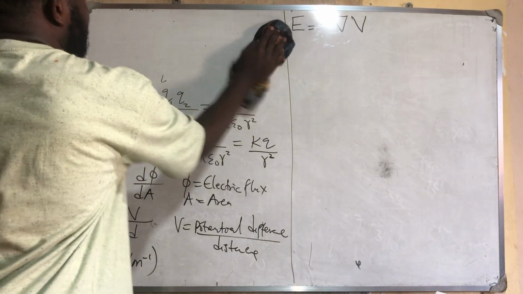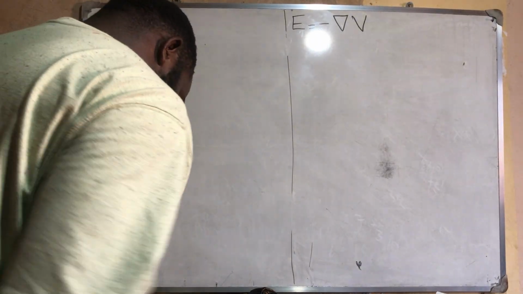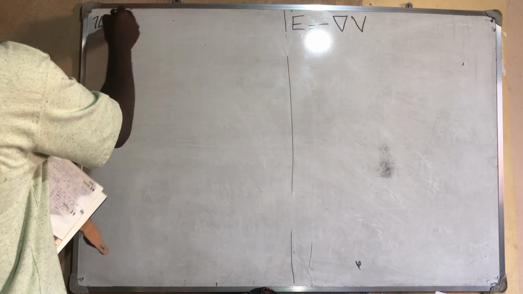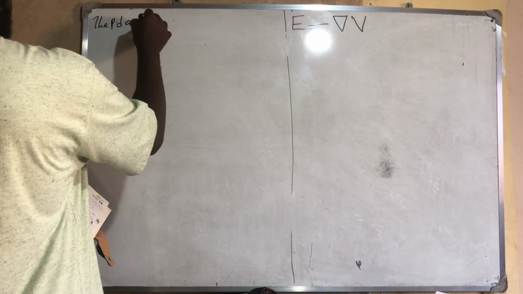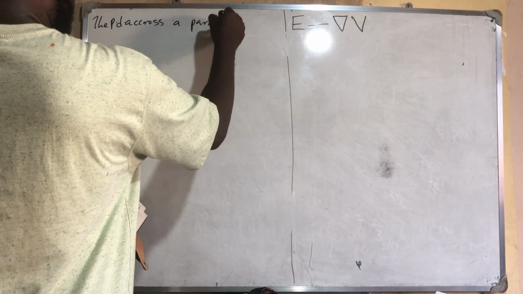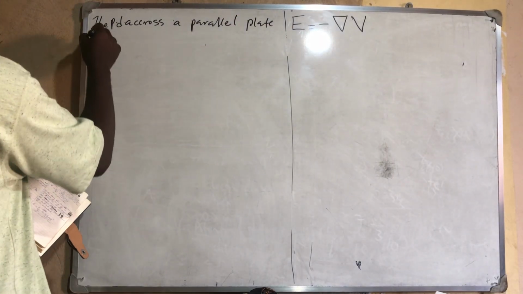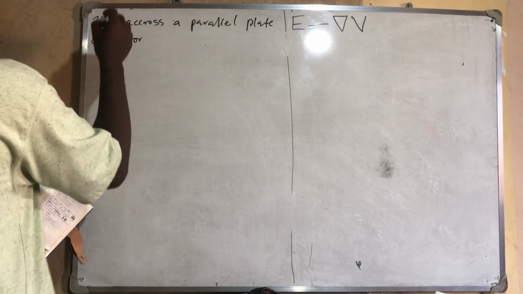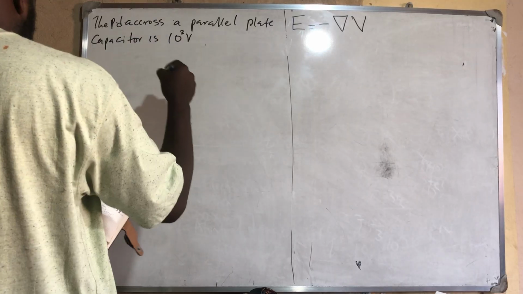So let's take the first question. The first question said that the potential difference across a parallel plate capacitor is 10 raised to power 3 volts.